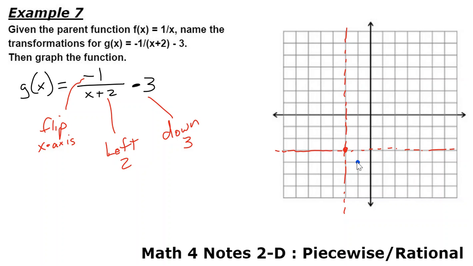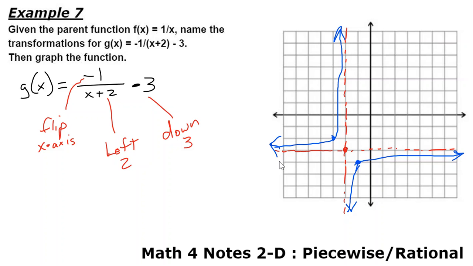And I think I mentioned that the parent function usually comes diagonally across one box and just kind of does that and starts hugging the asymptote on the way out in either direction. All right, so that should be a good rough sketch of this.